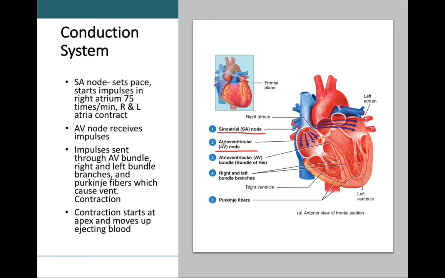The AV node connects to another structure known as the atrioventricular bundle, also known as the bundle of His. The bundle of His will split into the right and left bundle branches, and those will course through the interventricular septum. And then from these right and left bundle branches will project what are known as the Purkinje fibers. So this is the conduction system that our heart uses to continually pump blood.